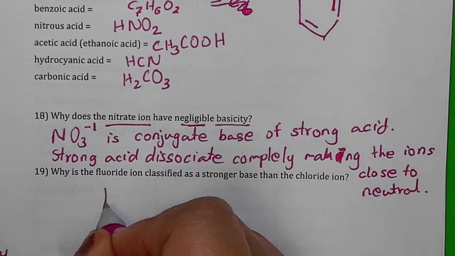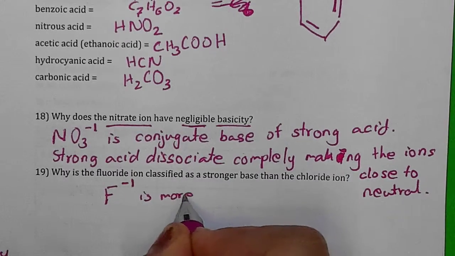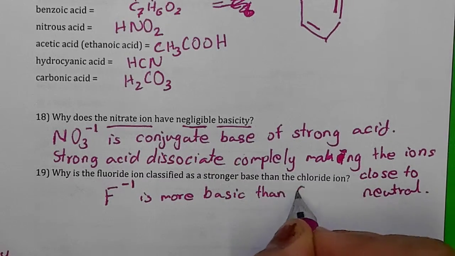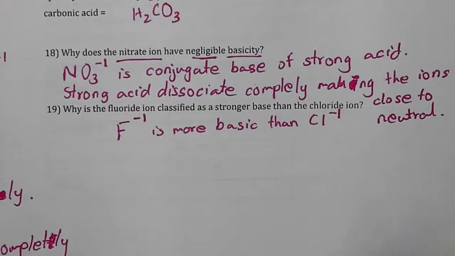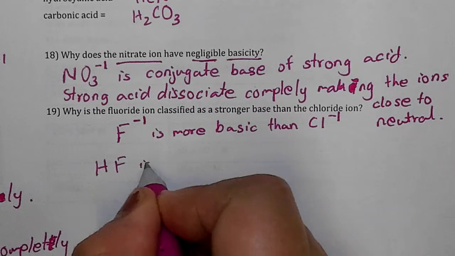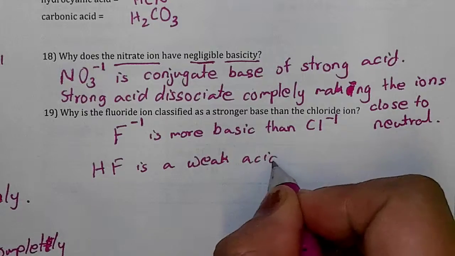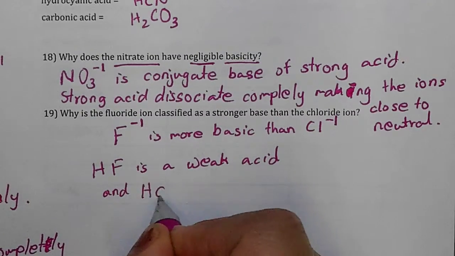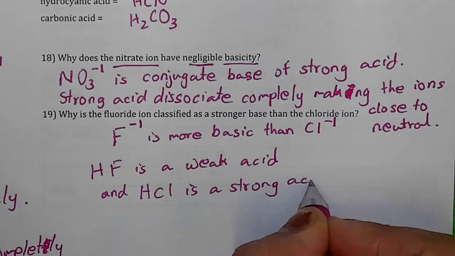Why is fluoride ion classified as a stronger base than chloride ion? Why is F- more basic than Cl-? Yes, it's basic, because HF is a weak acid and HCl is a strong acid.